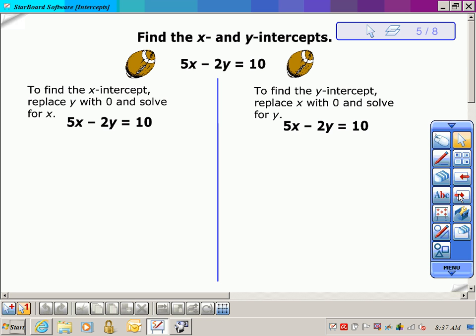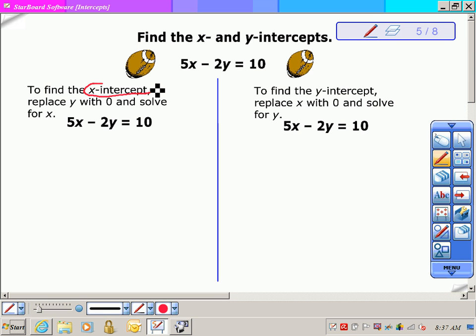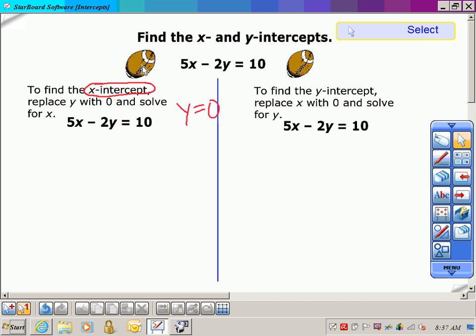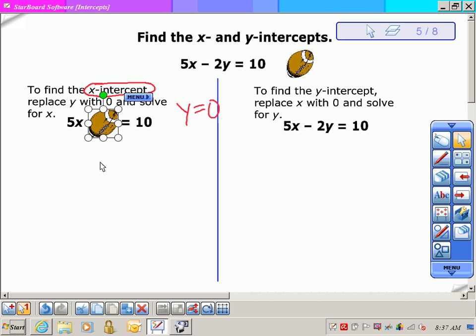To find the x-intercept, what do we know about x-intercepts? Y is 0, right? So if I put a 0 in for y, -2 times 0 would be 0. So this term is going to cancel, because that's really a 0.